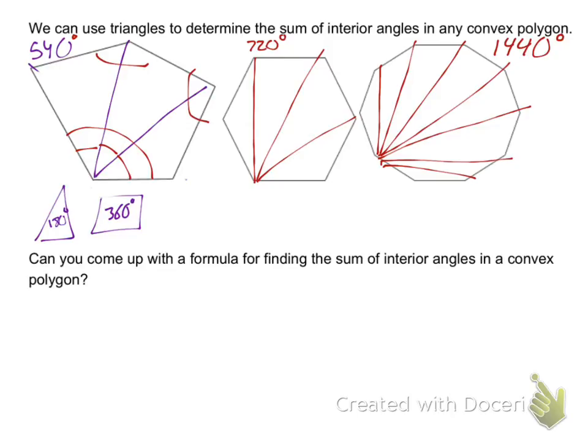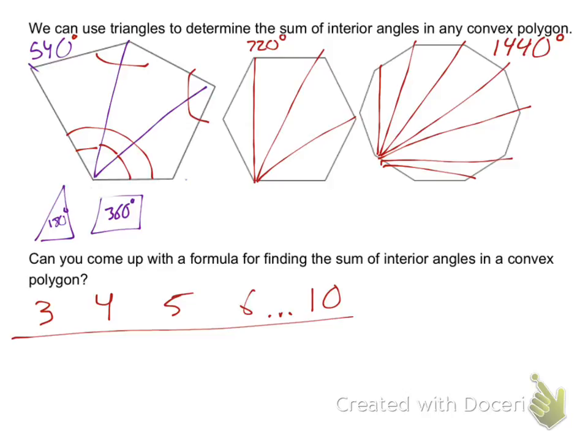So, here's the thing. Let's write these down. We talked about 3-sided, 4-sided, 5-sided, 6-sided, even all the way up to 10 sides, right? There's some numbers that went on in between here. That's the number of sides.